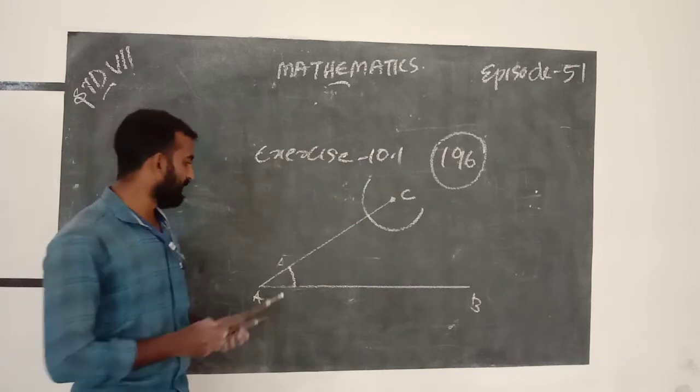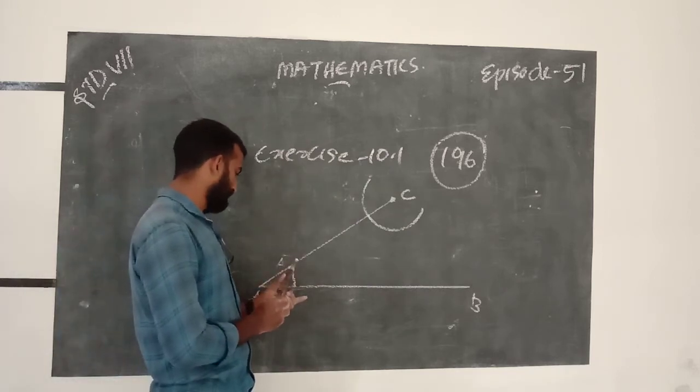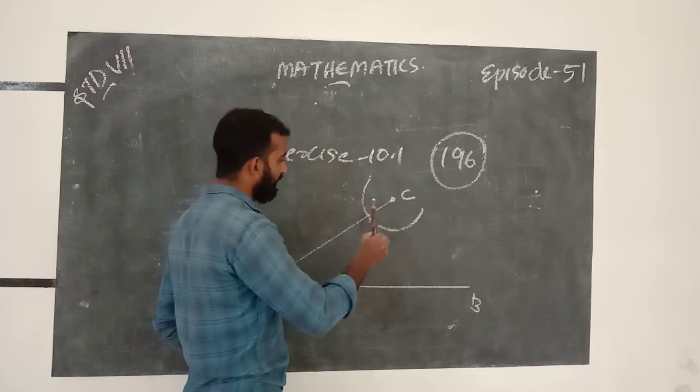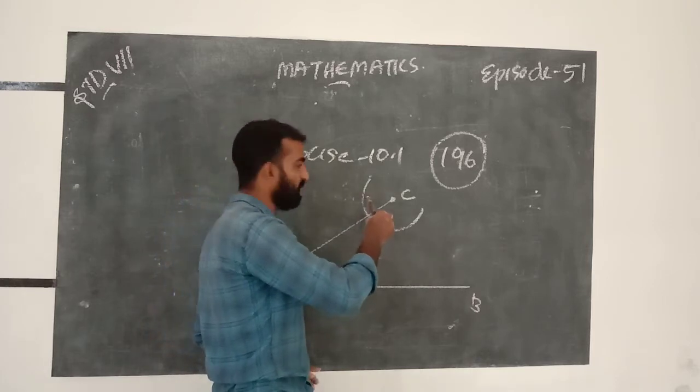And next we measure the arc length through the compass, and we take the center at the intersection of the line.